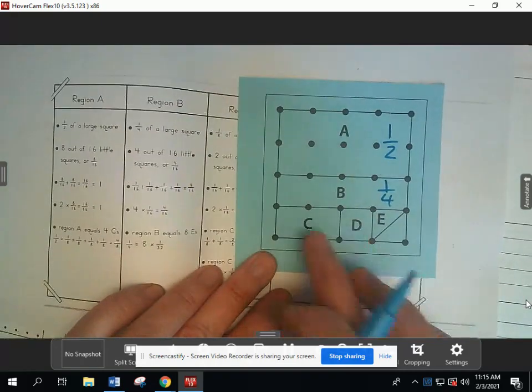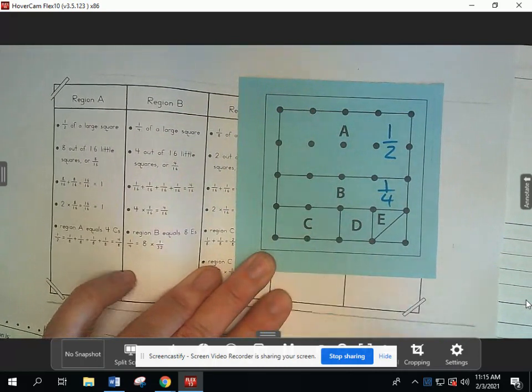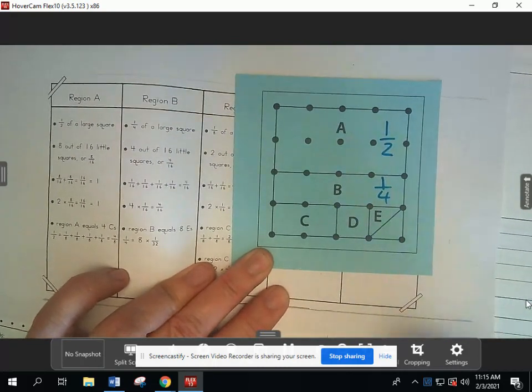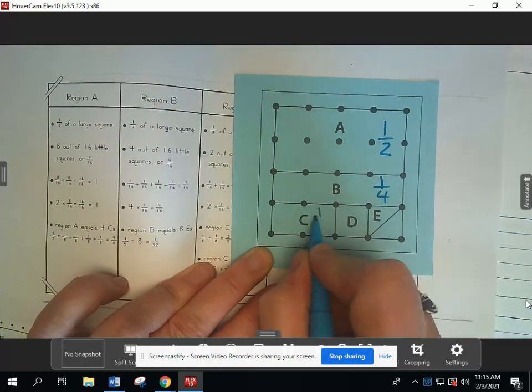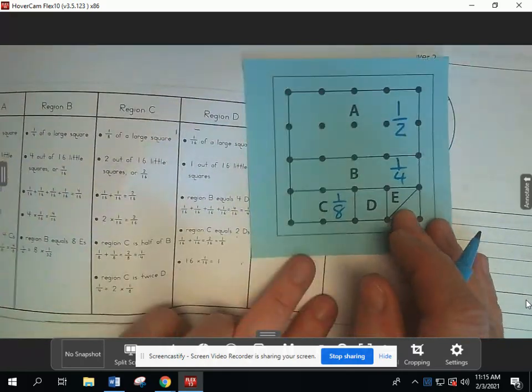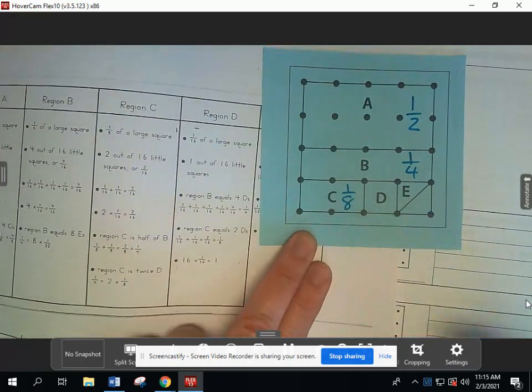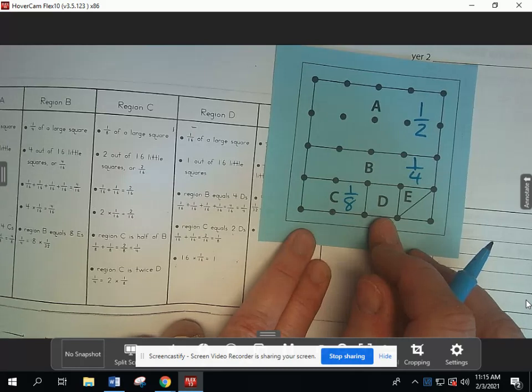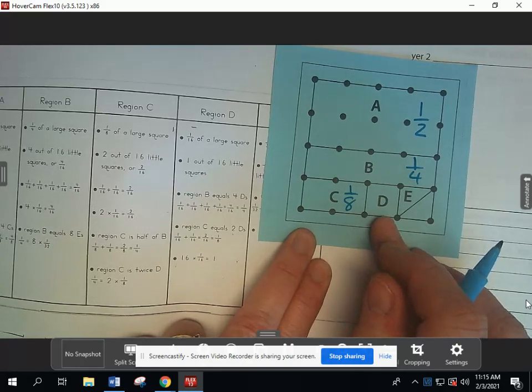Going to C. What fraction of this is this? Akaya. 1/8. Okay, so is Anna brave today? Does Anna want to say what region D is? I can talk for her. Okay, Reese.